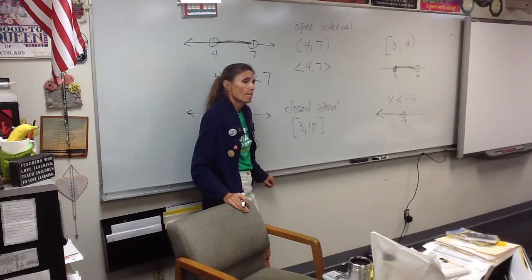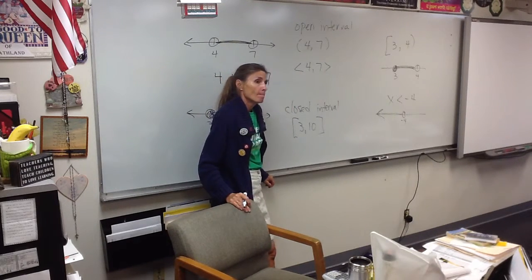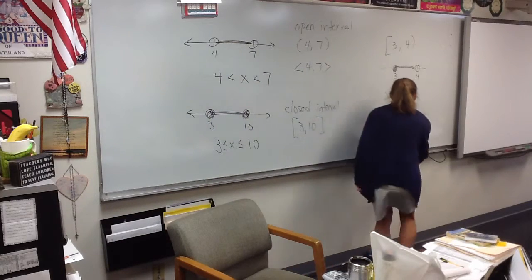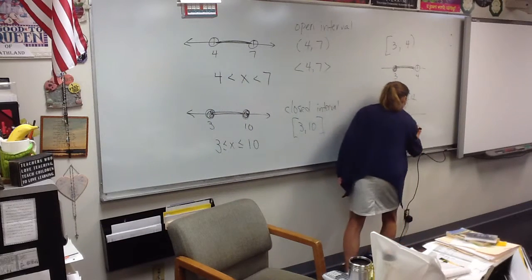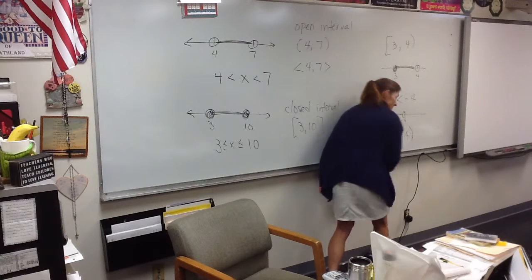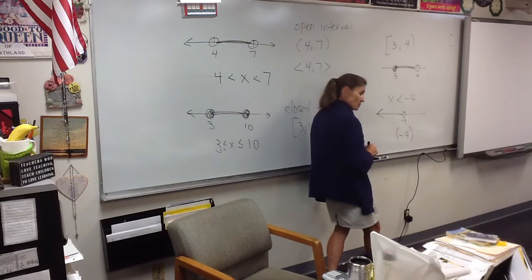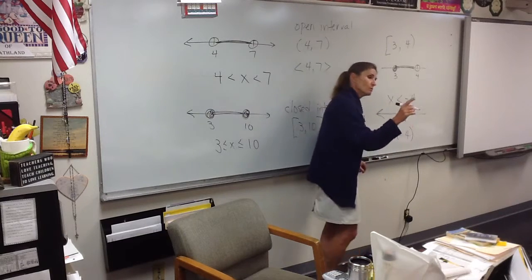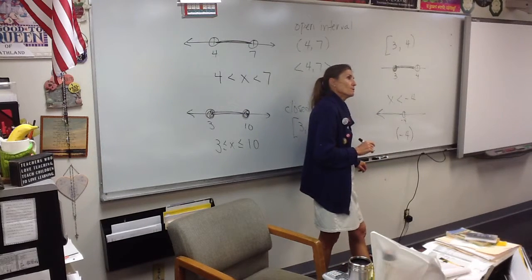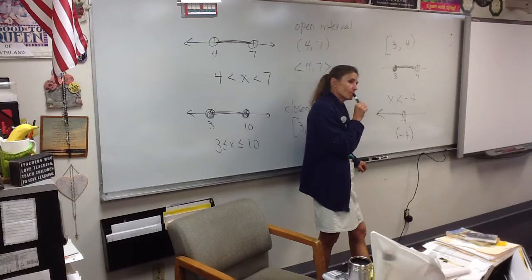Yes, Maria? Just a -4 in close parentheses. -4 with the parentheses, like this? Yeah. That's an interesting idea. Okay, it's not the way we do it. But it's an interesting idea, interesting. I guess my question to you would be, how do you tell which way it's going? Yeah, how would you know which way it was going? Just on the side.